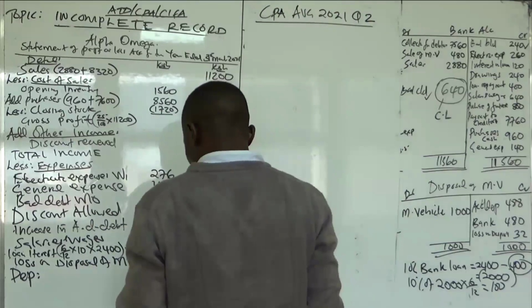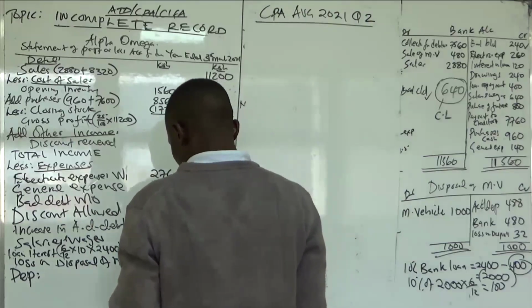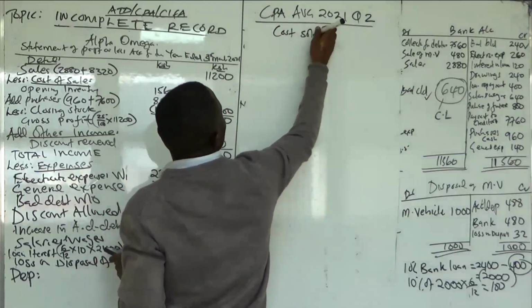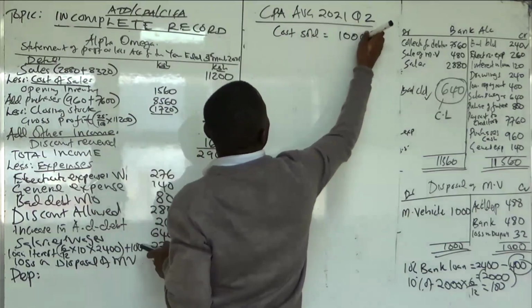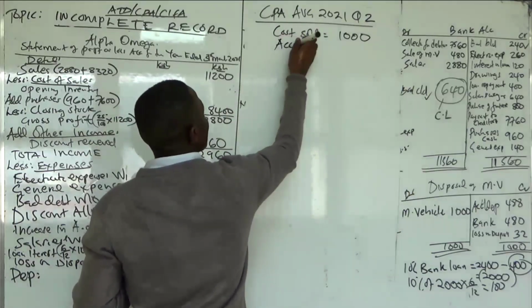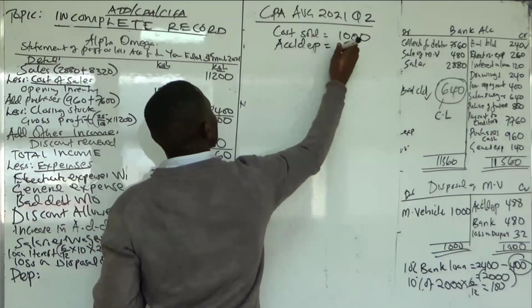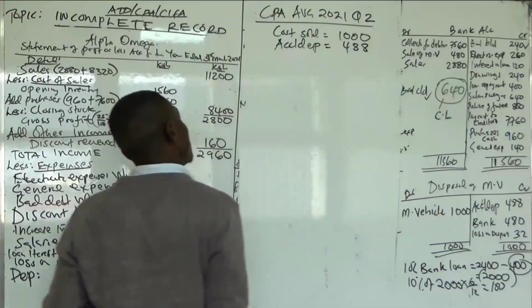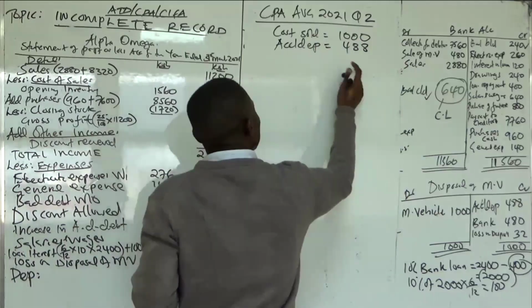So remember, this asset was sold at 1,000. The cost sold was how much? 1,000. And what is the accumulated depreciation? It was 488.